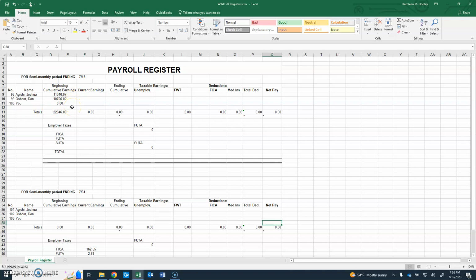This is their gross wages from January 1st until just before this paycheck. Okay, I've already got the pay date in there, which is July 15th.